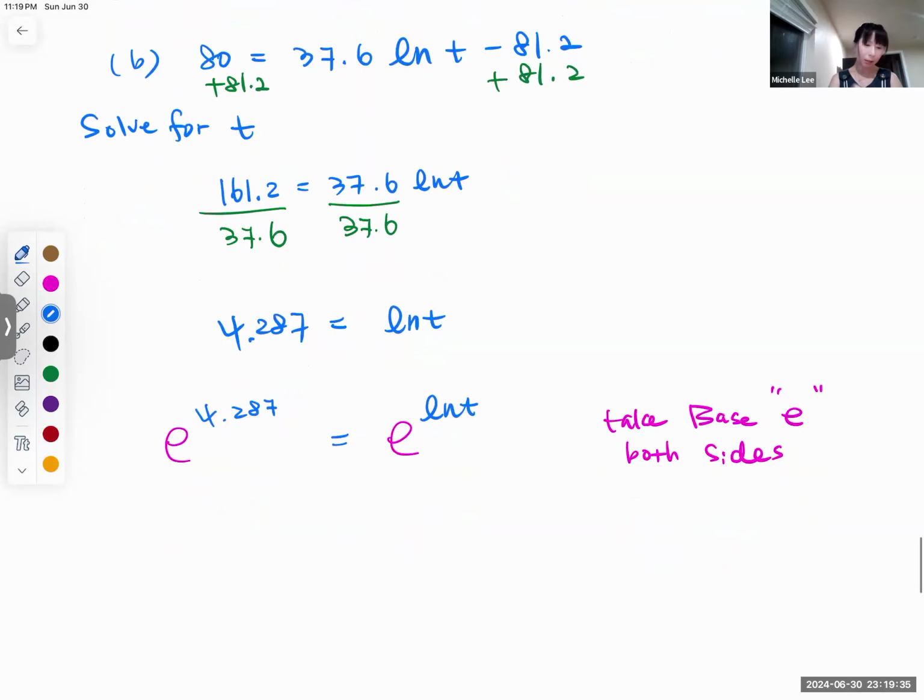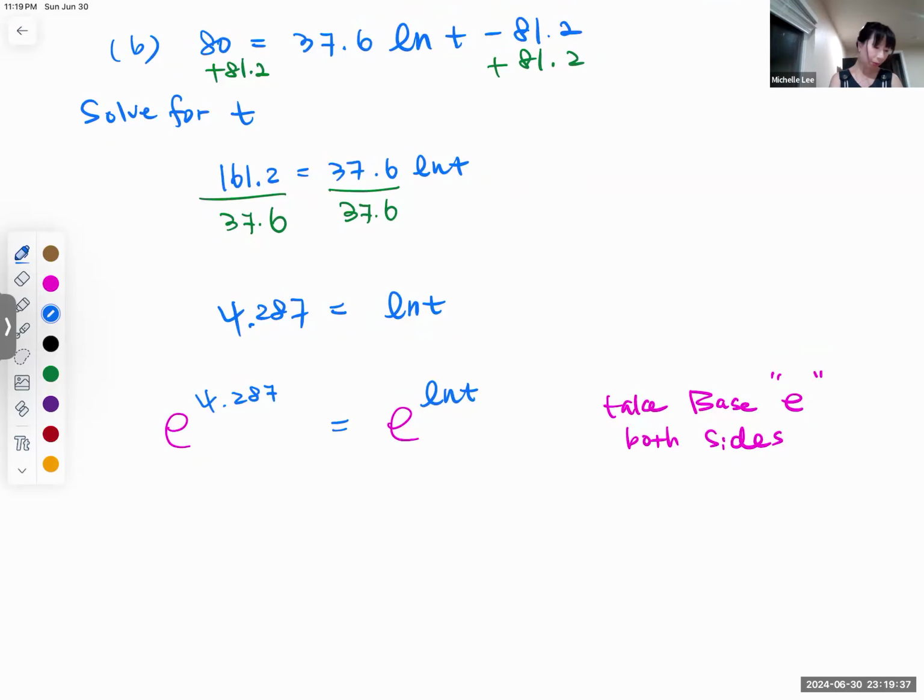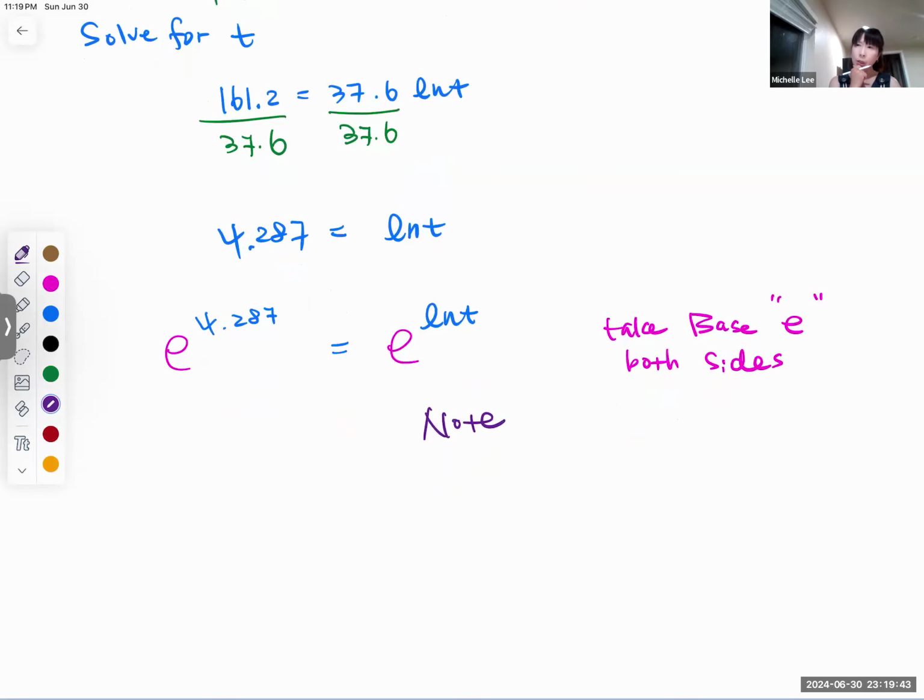Okay, then let me explain this one. We know that log base e of t is the same as ln, natural log of t, right?